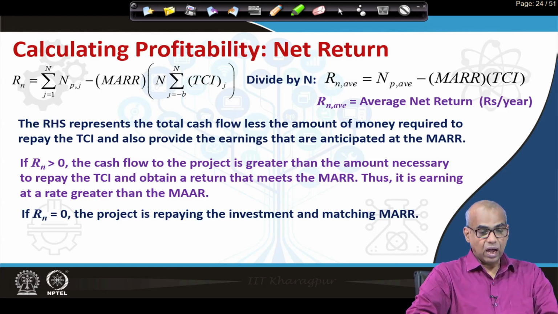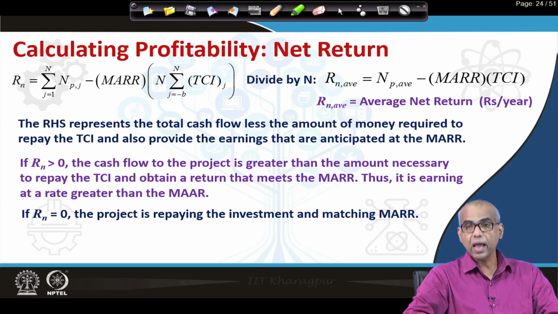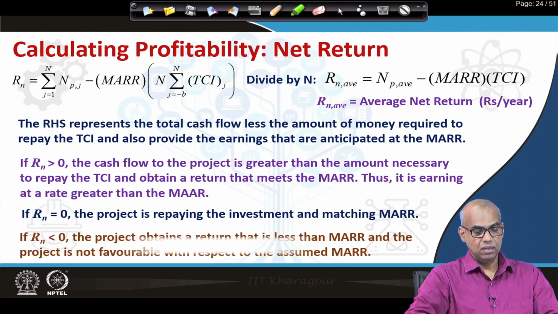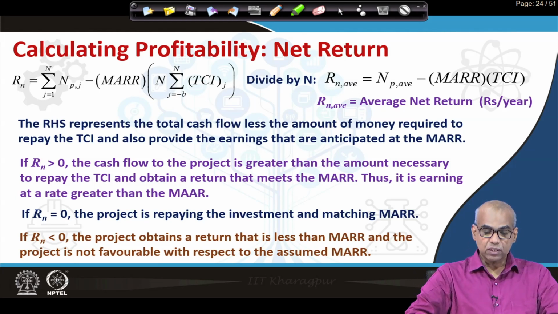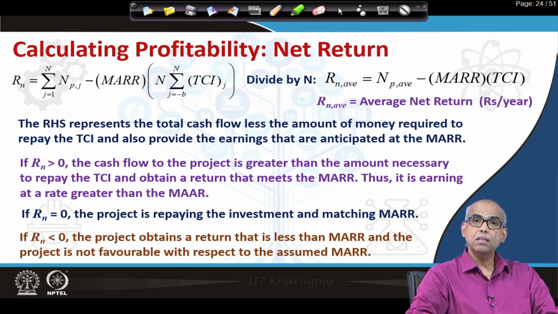If net return value equal to 0, the project is repaying the investment and matching the minimum acceptable rate of return. If Rn is less than 0, the project obtains a return that is less than the minimum acceptable rate of return and the project is not favorable with respect to the assumed minimum acceptable rate of return.